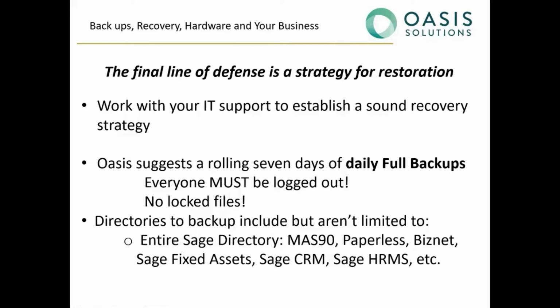If you're doing a backup and you have people still working in Sage 100, or maybe your team does not exit out of Sage every day and shut down, which they should, they run the risk of locking files, and those locked files may not be backed up. So even though you are doing everything properly, your end users might have some files locked, and you want to make sure you're not having that issue.